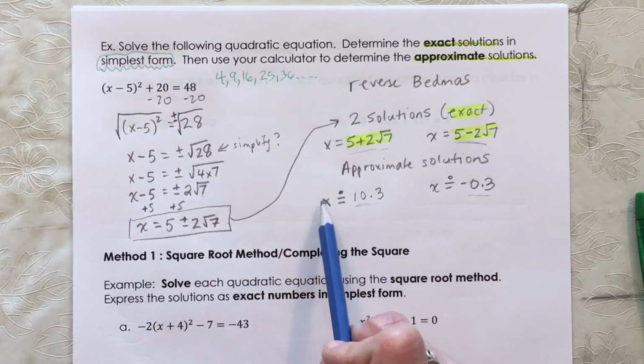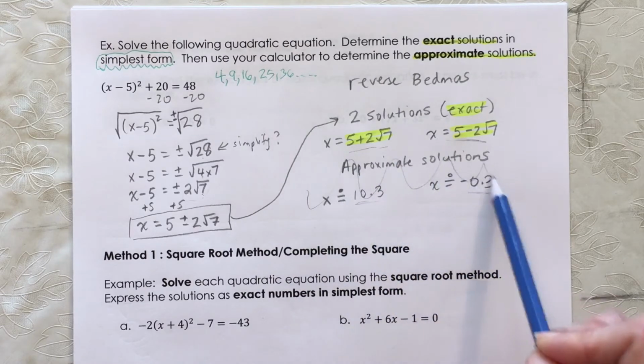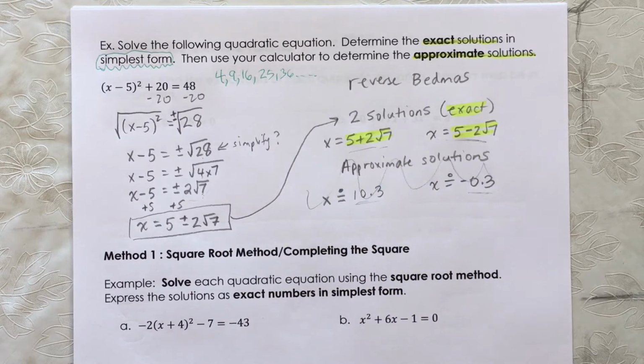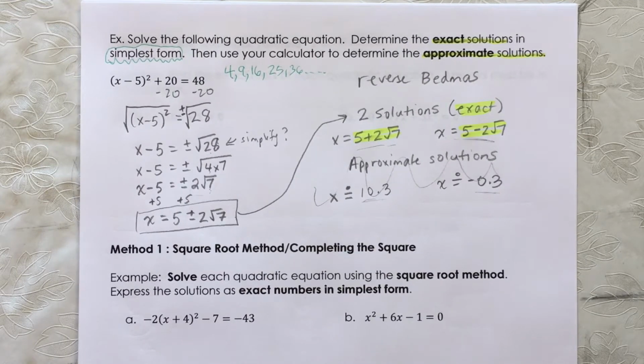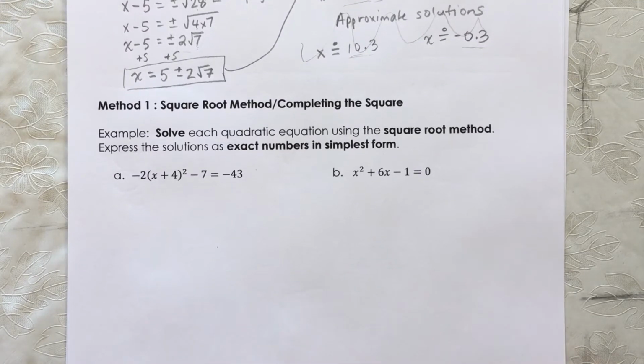So we're going to save approximate solutions from now on just for word problems, and we're going to focus on being able to give these exact solutions in simplest form, okay? All right, so we're going to continue working with the square root method. We could use the square root method if we complete the square, which I'll show you an example of as well, and when we would use that.